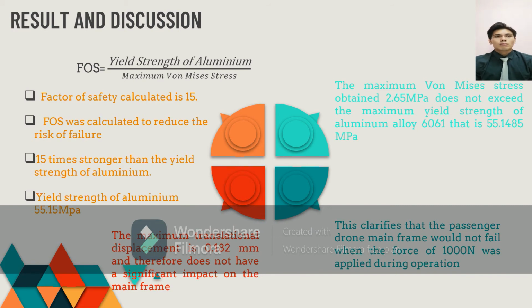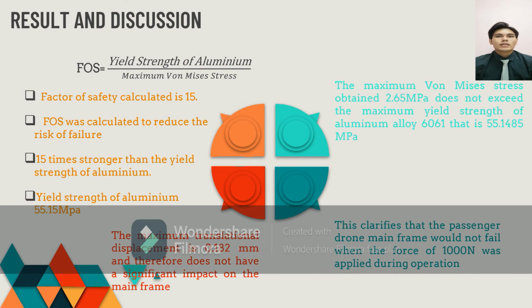The factor of safety can be obtained from the yield strength of aluminium divided by the maximum von Mises stress of the structure, where the yield strength of aluminium is 5.515 divided by the maximum von Mises stress, we will get 15. A high value of factor of safety clarifies that it is 50 times stronger than the yield strength of aluminium, thus it is safe.